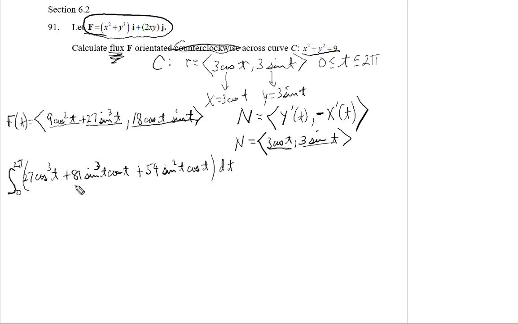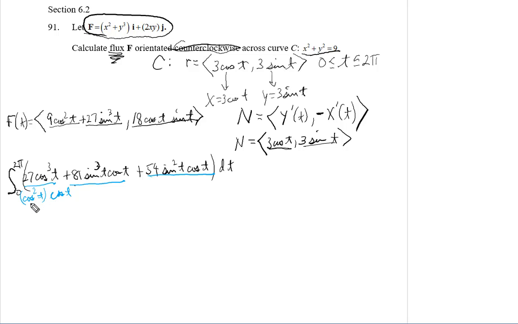So there's the integral that we need to compute. Now I'm looking at these two terms and I'm thinking, these we could do substitution on, but that one's going to need some work. So I can take this one and rewrite it as cosine squared t times cosine t.